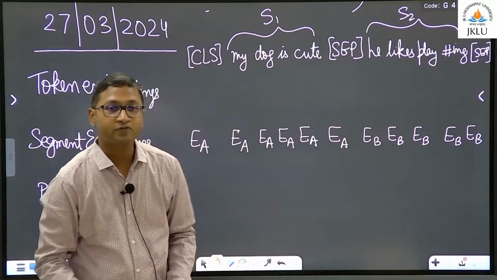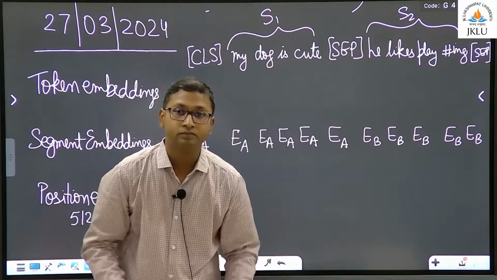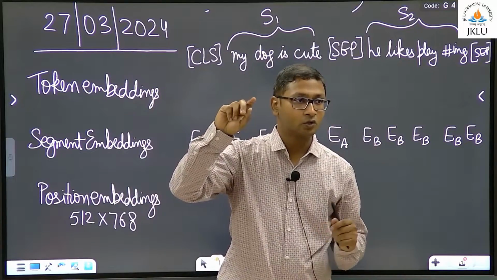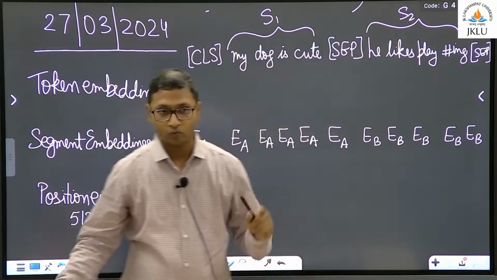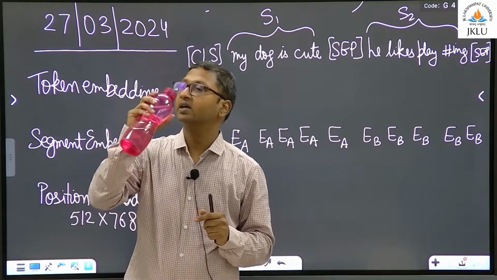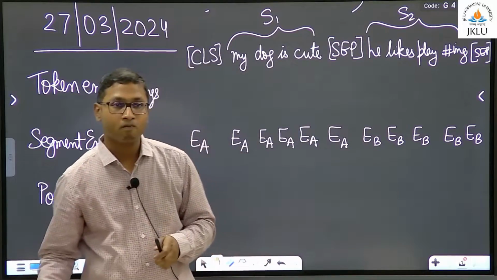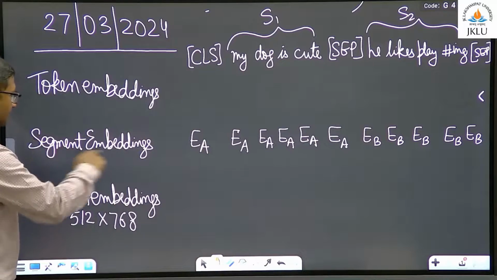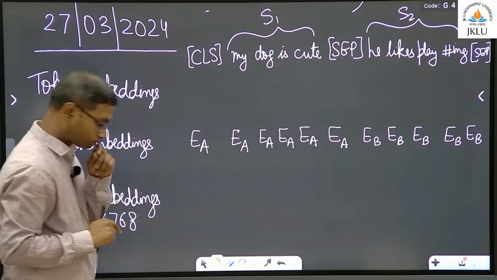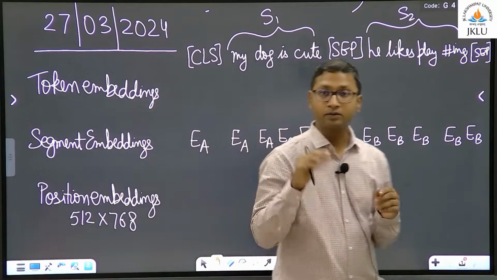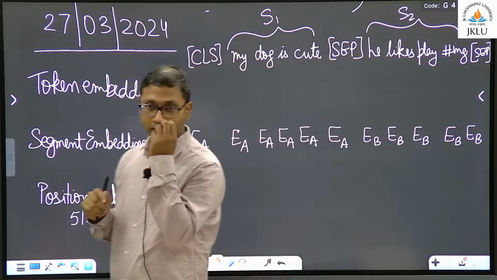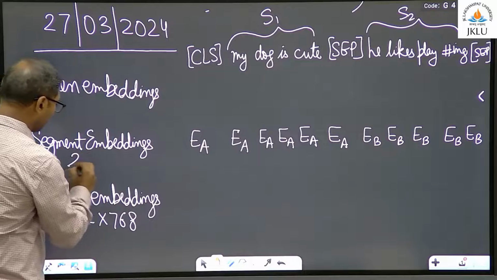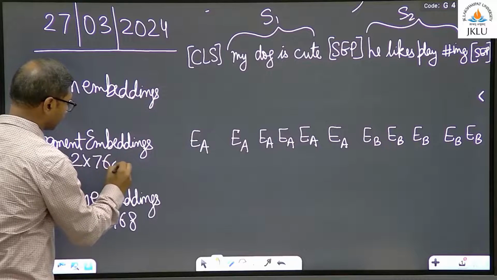So, how many segments will there be? There will be only two segments. What will be the size of the segment embedding here? 2 cross 768, right?